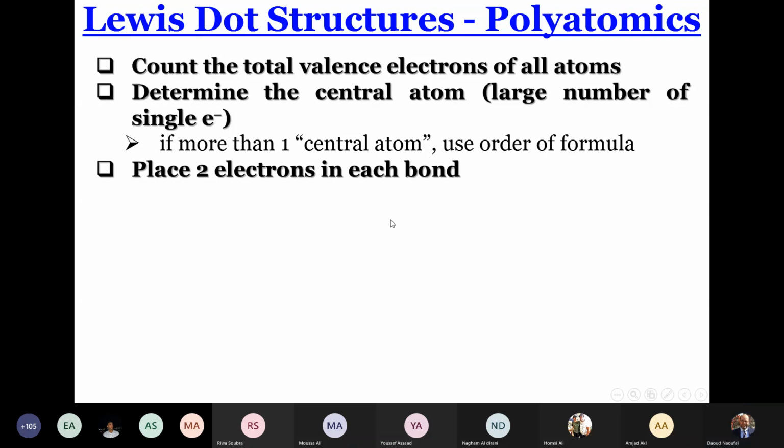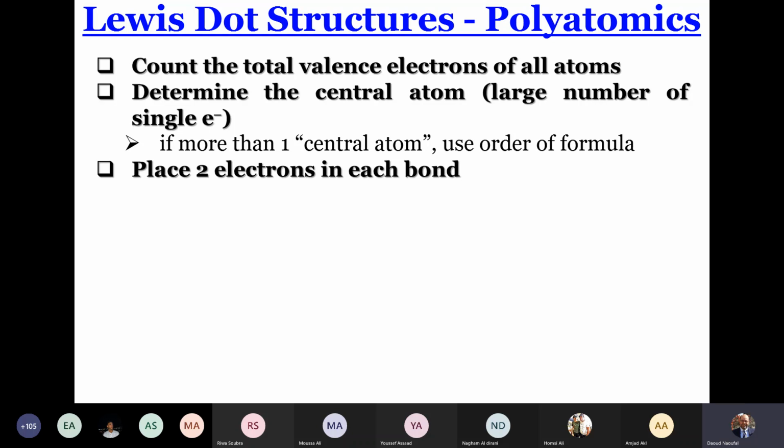Step 3. Place 2 electrons to join the bonds. Suppose I have 3 atoms and I have 16 electrons total. To join A and B, I need 2 electrons.